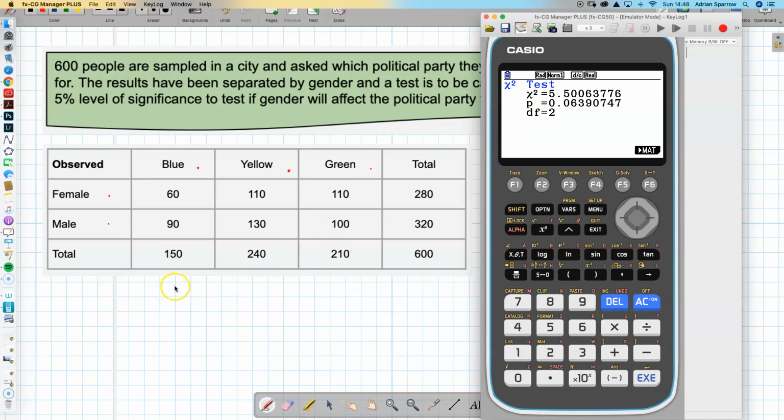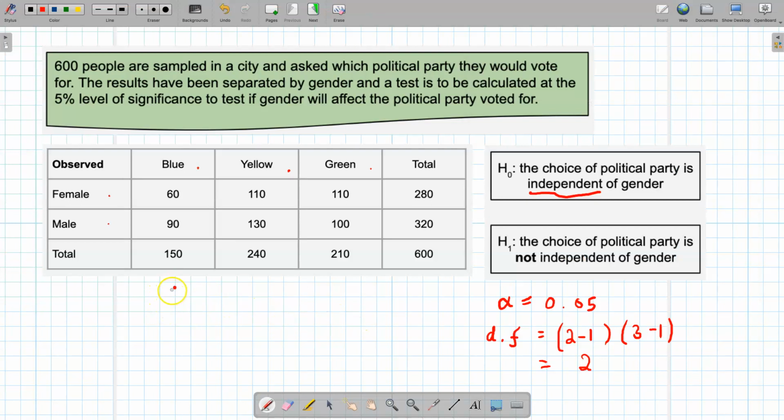So let me jot those down. Chi-squared, and this is the test value, is 5.5, and the P value is 0.064.